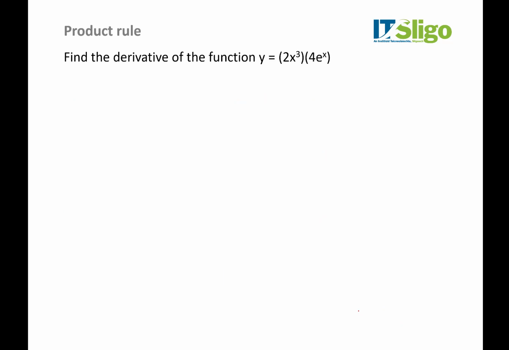So now we're asked to find the derivative again of two terms being multiplied. So we have u multiplied by v. We'll call the first term u, the second term is v, and then we differentiate each one separately.